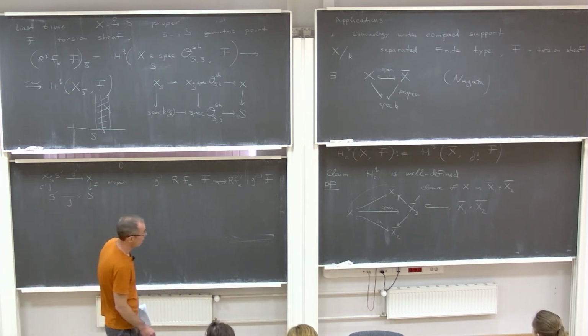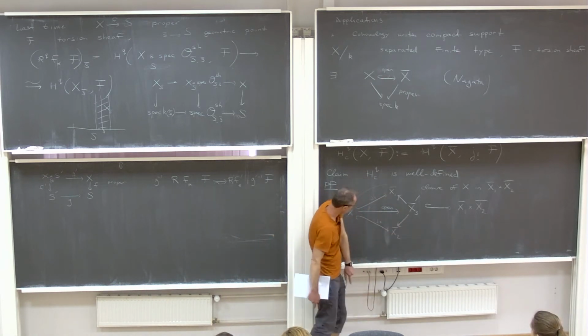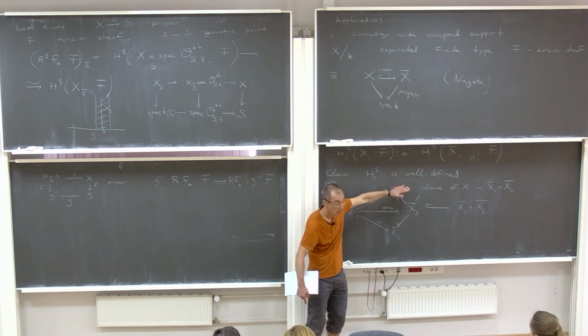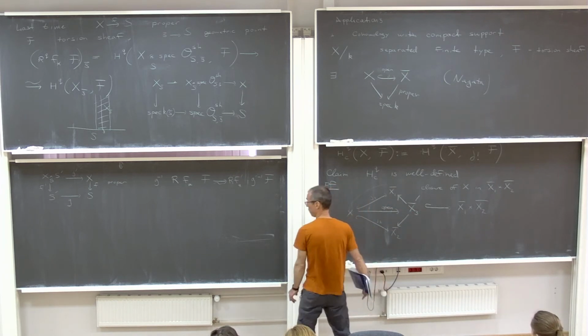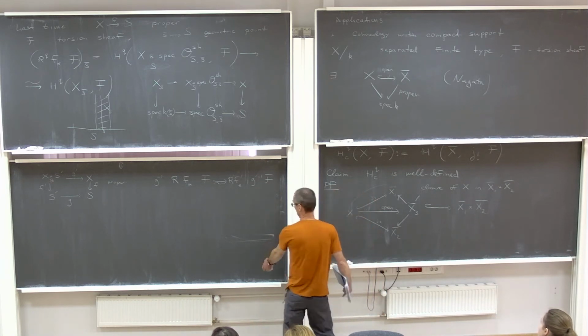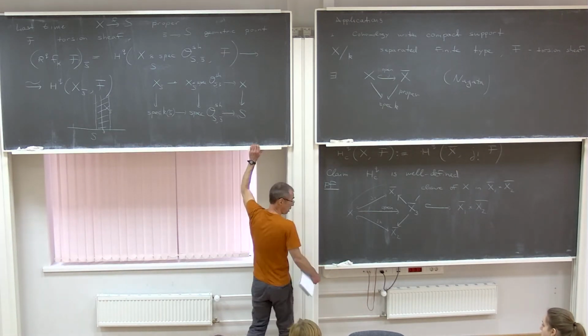So therefore, these two compactifications are particularly nice in the sense that one maps to the other. So therefore, the proof in general is reduced to the following.